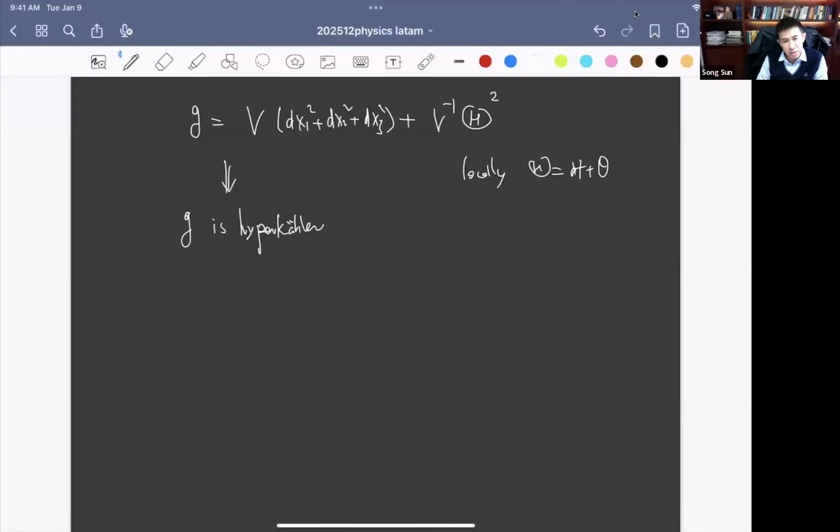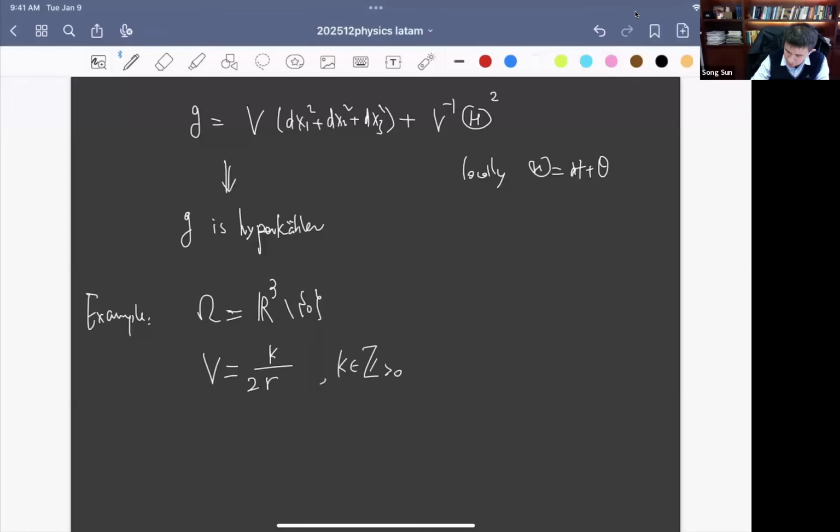So this makes things much more interesting because now I can do the example where omega is R3 minus 0. I get V as something like k over r, and in order for the integrality condition to be satisfied, k has to be a non-positive integer, so that this star dv is in H2.